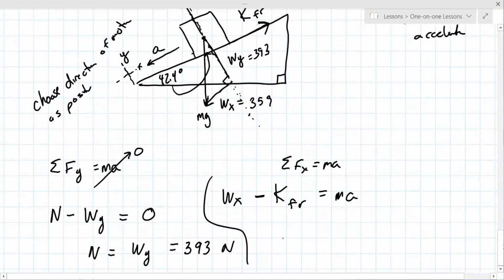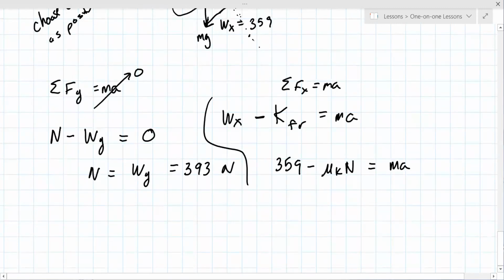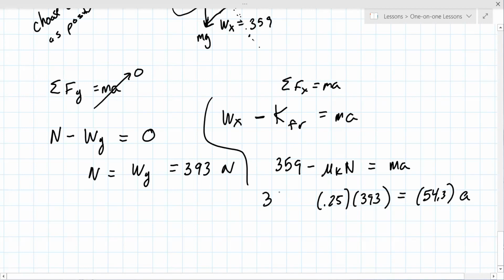Weight in the x direction is 359 minus the kinetic friction, which is mu k n, equals mass times acceleration. The coefficient of kinetic friction is given as 0.25. The normal force is 393. The mass of the block is 54.3. And we're trying to find acceleration.